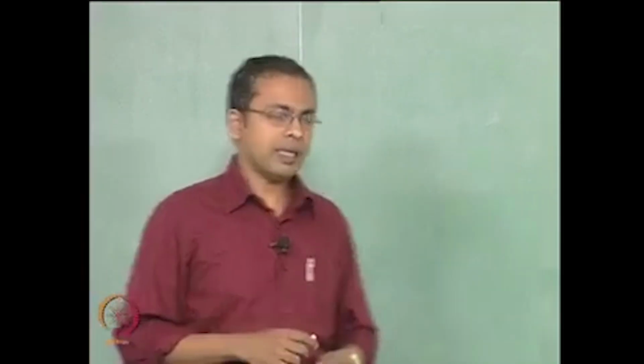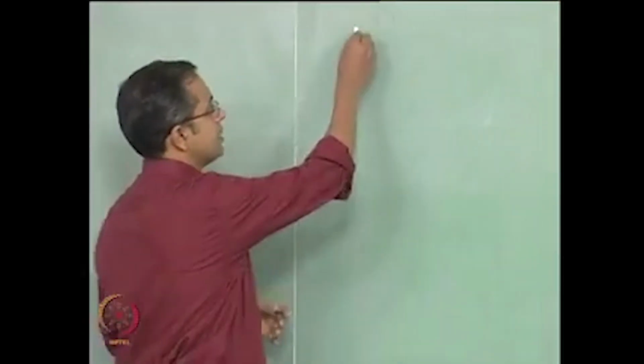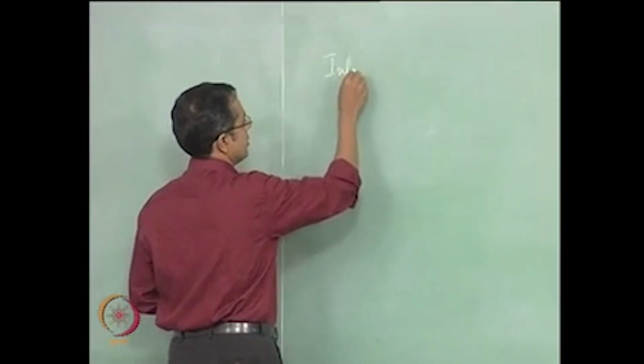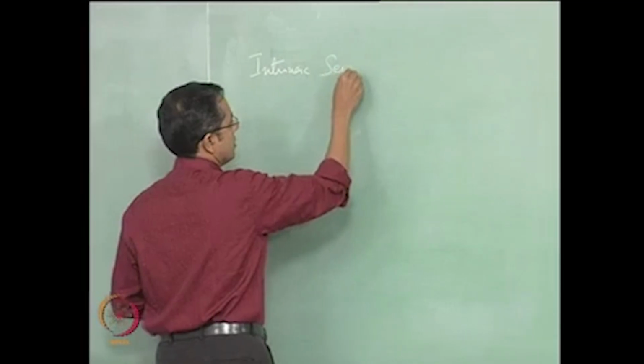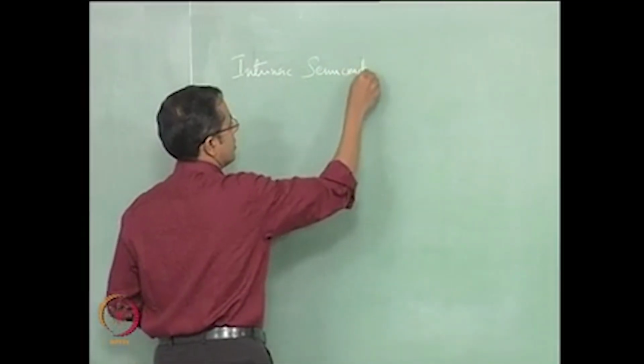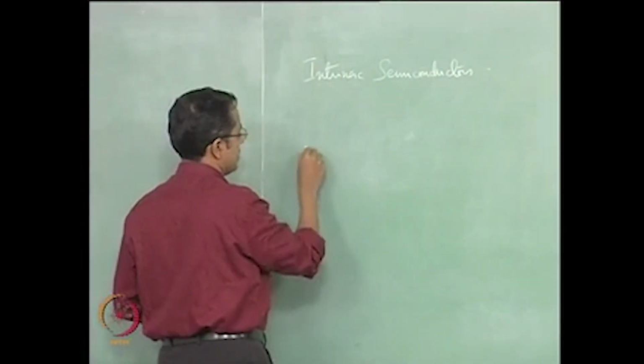When we look at semiconductors, they are classified as intrinsic semiconductors and extrinsic semiconductors.